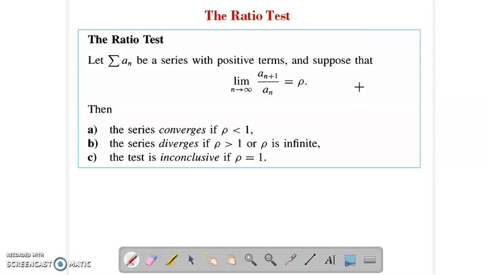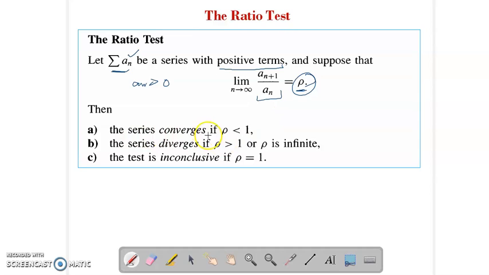The ratio test: let summation a_n be a series with positive terms, so we are assuming that each a_n is greater than 0. Suppose that the limit of this ratio is equal to a number rho. Depending upon what this rho is, we can decide the behavior of the series.